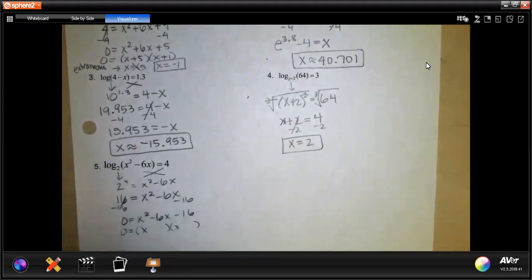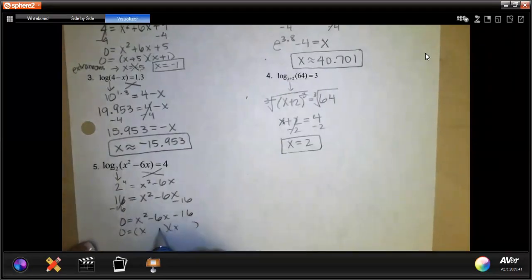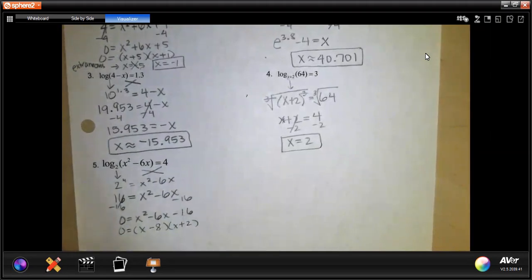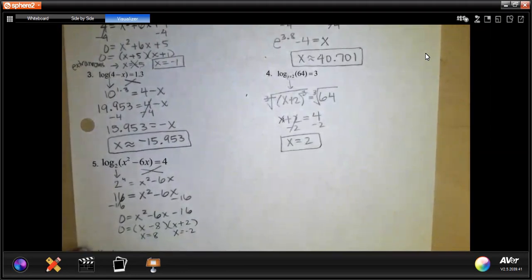X times x gives me x squared. So -8 and +2 multiply to give me -16 and add to be -6. Now what makes each parenthesis 0 is my solution. So positive 8 would make the first one 0, and -2 would make the second one 0. My last step is to make sure that those work.